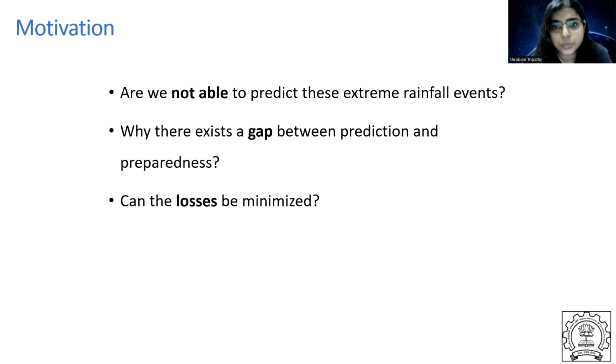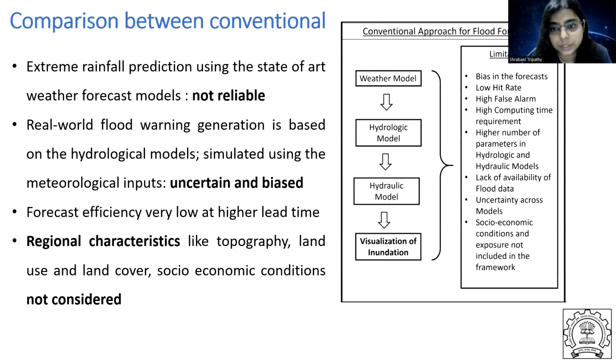To answer these questions, first we need to understand how the traditional flood forecasting method works. The traditional flood forecasting uses output from weather models in hydrologic and hydraulic models to generate inundation values, and based on the flood inundation values, flood warnings are generated.